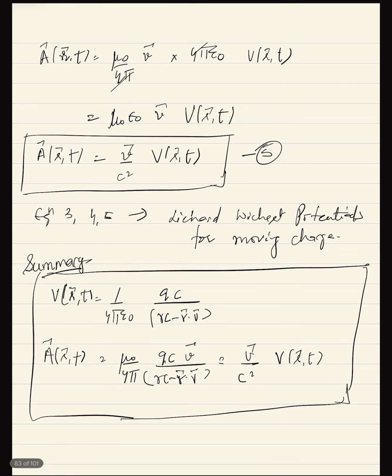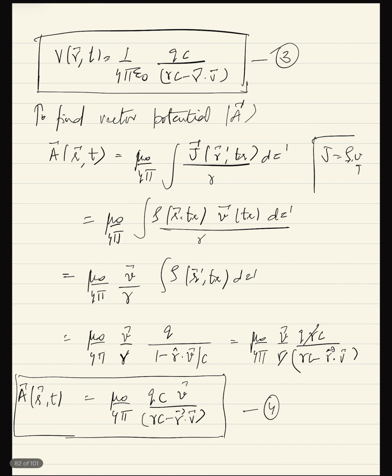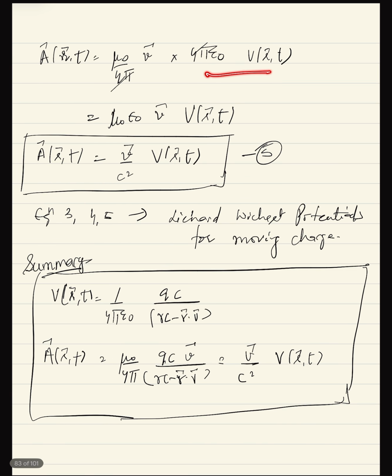So you can put the value of qc over this factor, which is equal to 1 over 4 pi epsilon naught times V, and at the end you will receive A is equal to v by c squared times V, the scalar potential, at r and t. So all these are the forms of the Lienard and Wiechert potentials.